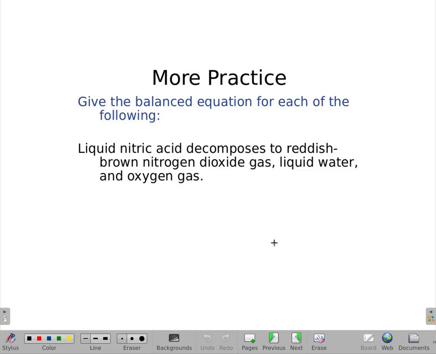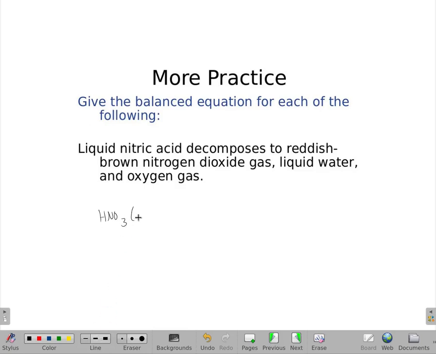All right, so we got liquid nitric acid decomposes to a reddish brown nitrogen dioxide gas, liquid water, and oxygen gas. It's actually kind of cool looking. It actually is a very, very dark reddish brown. So liquid nitric acid, HNO3. That is supposed to be a 3. It looks terrible.